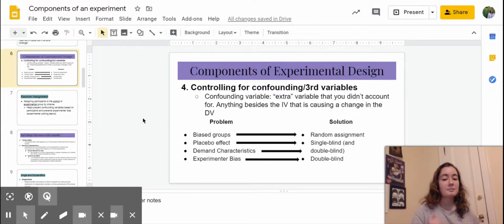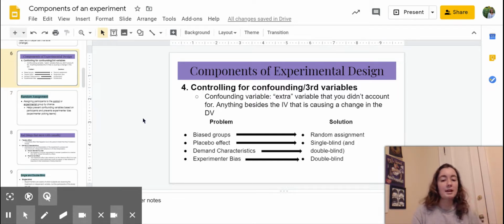And then experimenter bias is when the researcher knows what they want their hypothesis to be, and they might have an idea of what they are looking for and what outcome they want from their study to be. So maybe they're trying to prove that vaping's really bad for you, so they're only going to look for evidence that proves that vaping's bad or something like that. So experimenter bias would have that kind of confirmation bias, in which when they're looking at the research and experiment that they're doing, they're only looking at things that are proving their hypothesis.